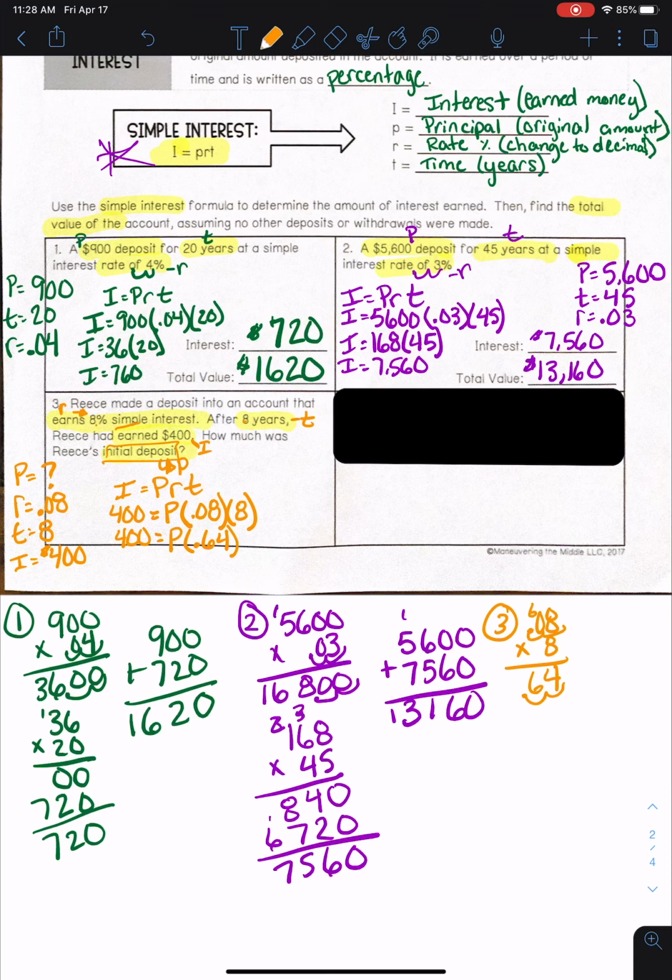Now if I'm solving for P, I need to use inverse operations, which is divide. So I'm going to take 400 divided by 0.64. Remember, if we're dividing by a decimal, we're going to move it to make it a whole number. Now, 64 goes into 400. I'm not sure.